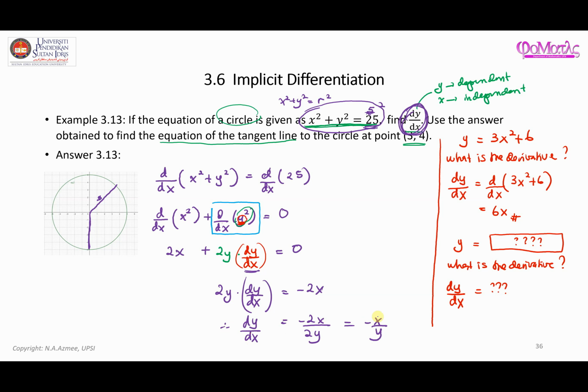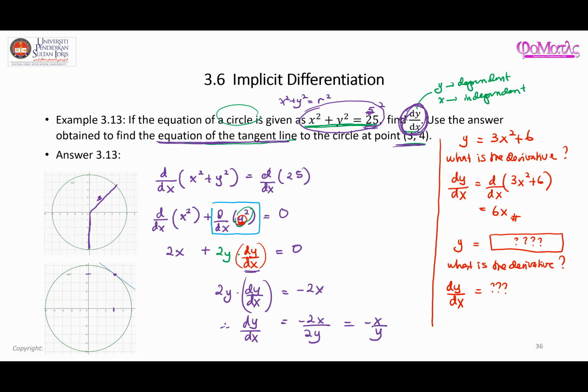Now we are going to use this answer and obtain the equation of the tangent line to the circle at point 3, 4. The visual representation of this is going to look like this. Here we have a specific point at 3 and 4, and we have a tangent that passes through this specific point.